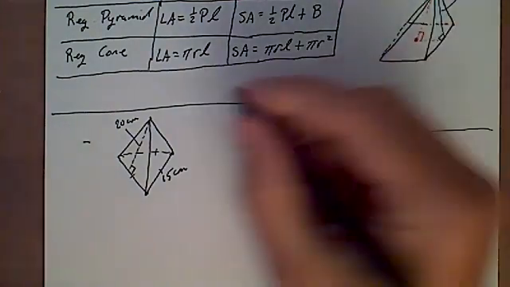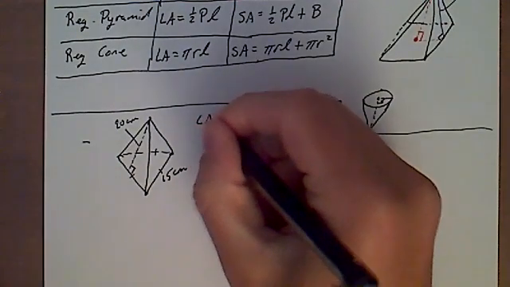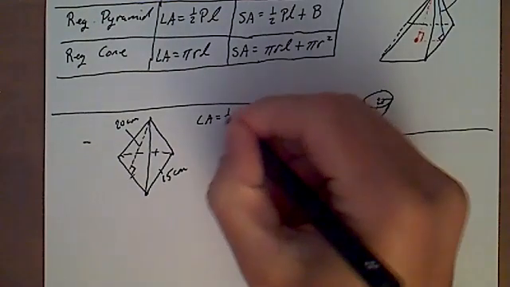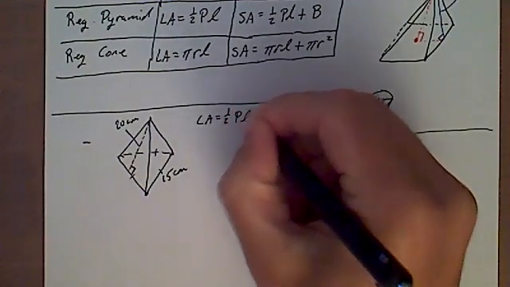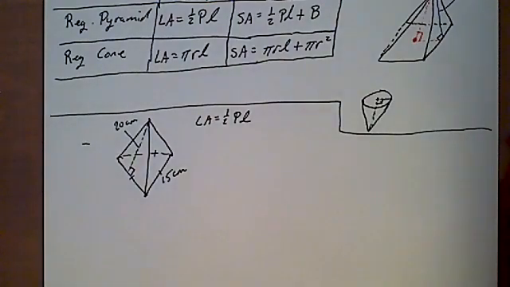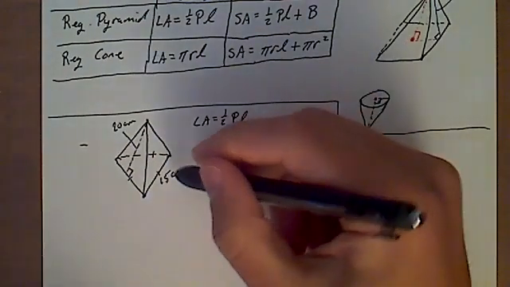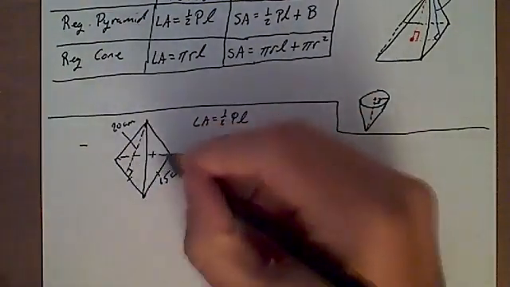So we want to find the lateral area. The lateral area is 1/2 the perimeter times the slant height. What's the perimeter of this cone? Well, it's a regular triangle as a base.